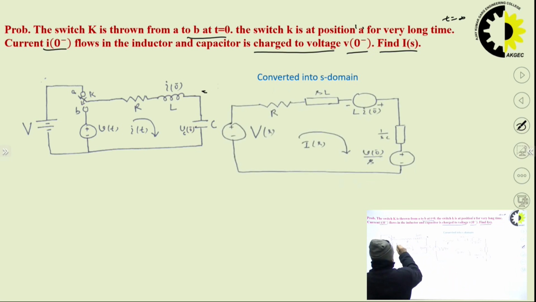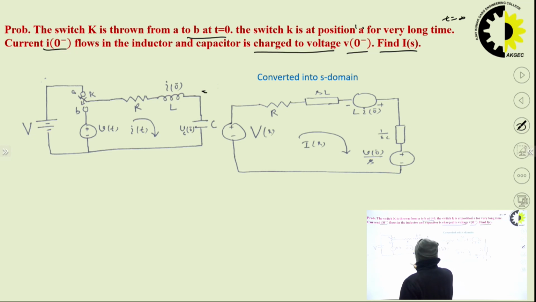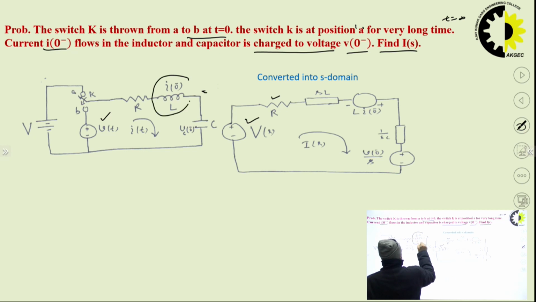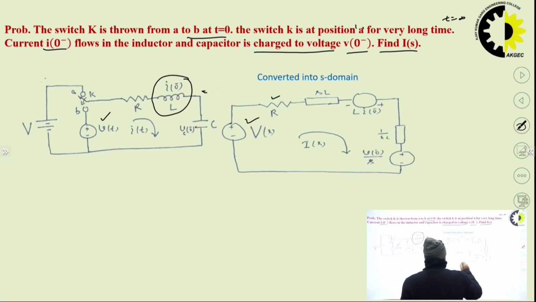So what I have done is I have converted this time domain circuit into the S domain. The Laplace transform of v(t) is V(s) over s, and this inductor has initial current I0. So the equivalent of this inductor with initial conditions will be this one.